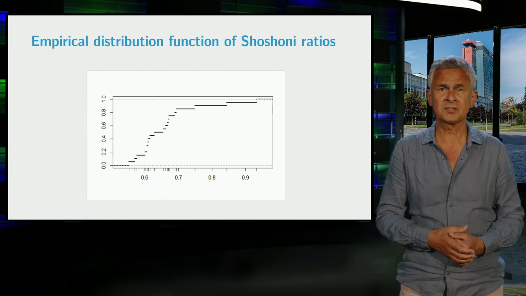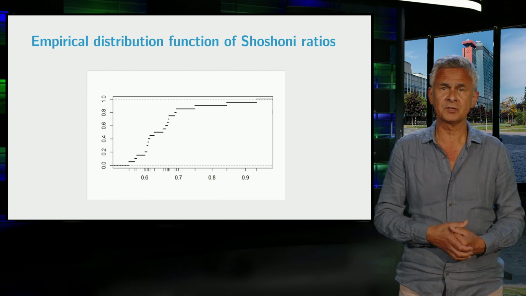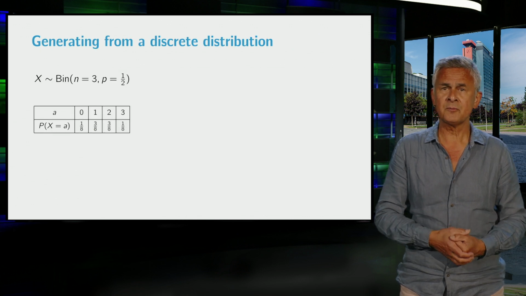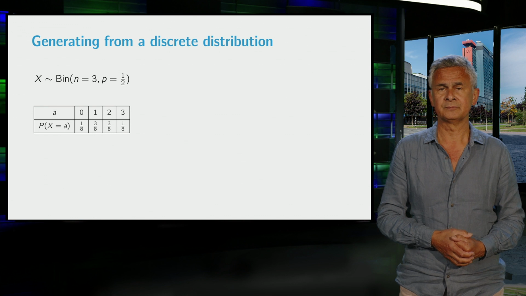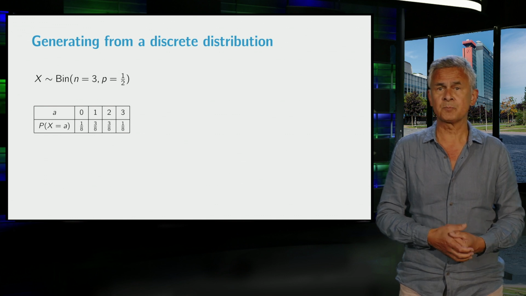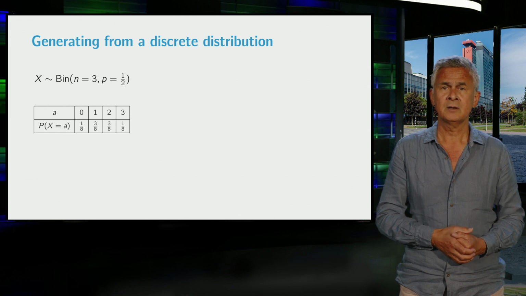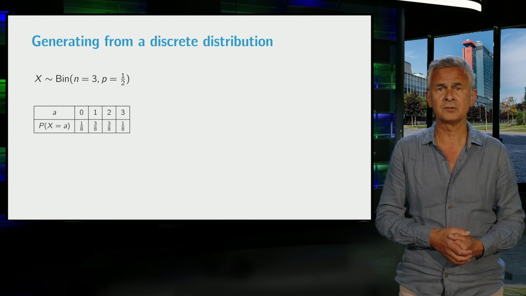To understand this, let us illustrate the analogy with generating from a discrete distribution. Consider a random variable X with a binomial distribution with parameters n equal to 3 and p equal to 1/2. Then X has possible values 0, 1, 2, and 3, with probabilities 1/8, 3/8, 3/8, and 1/8.